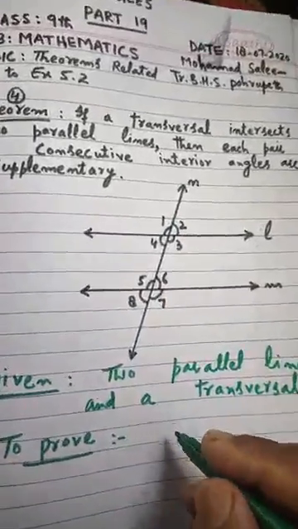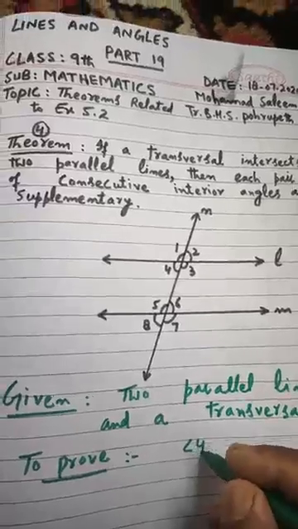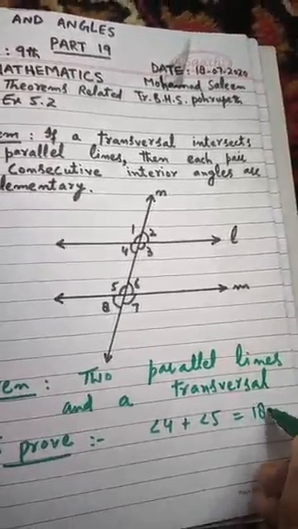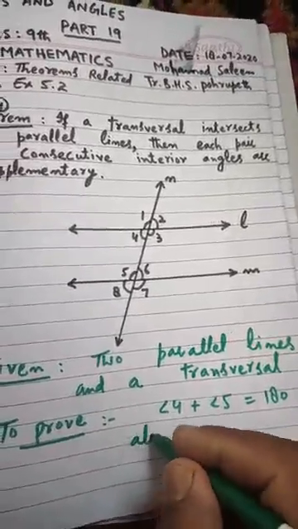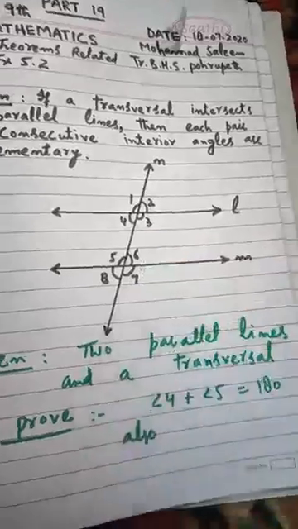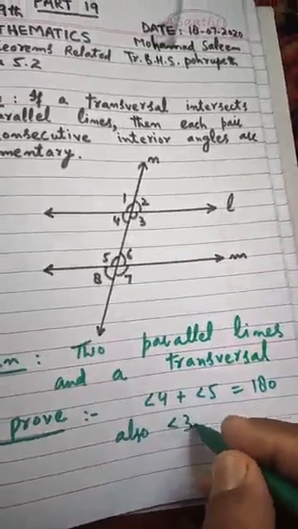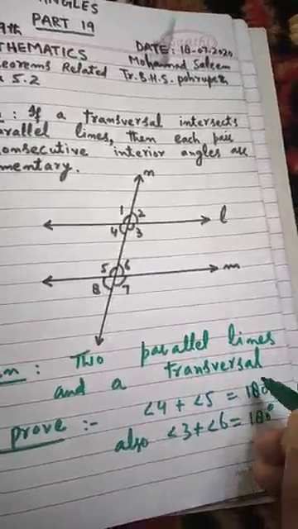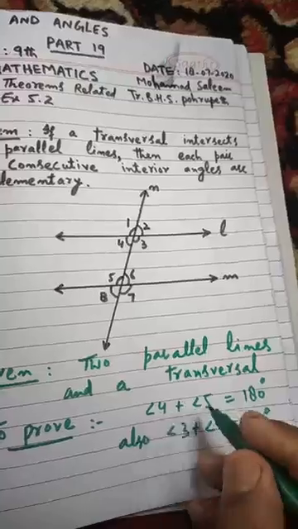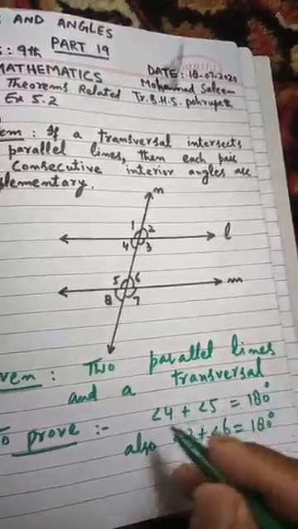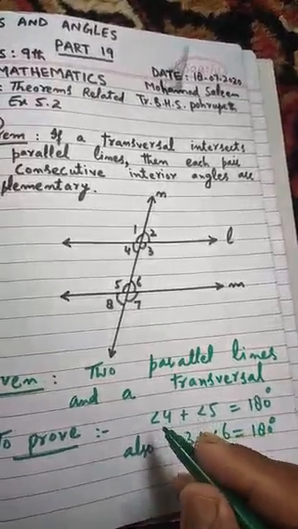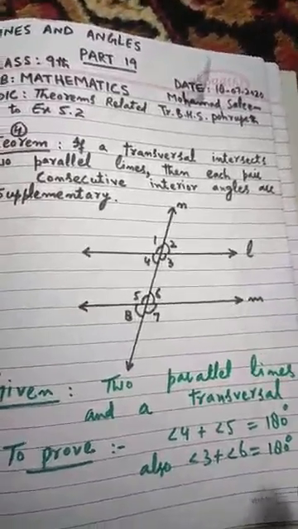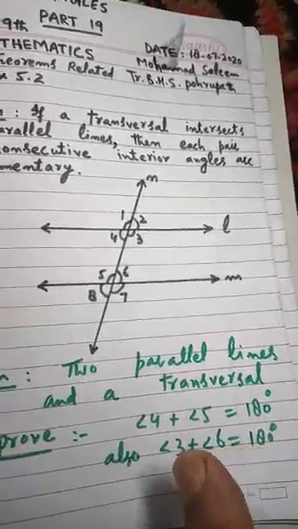So we have to prove that angle 4 plus angle 5 is equal to 180 degrees. Also angle 3 plus angle 6 is equal to 180 degrees. That means supplementary. When the sum of two angles is 180 degrees, those two angles are supplementary to each other. Okay, now it is clear what we have to prove.